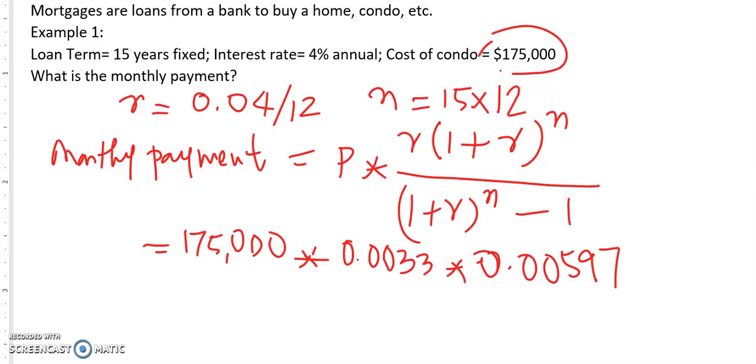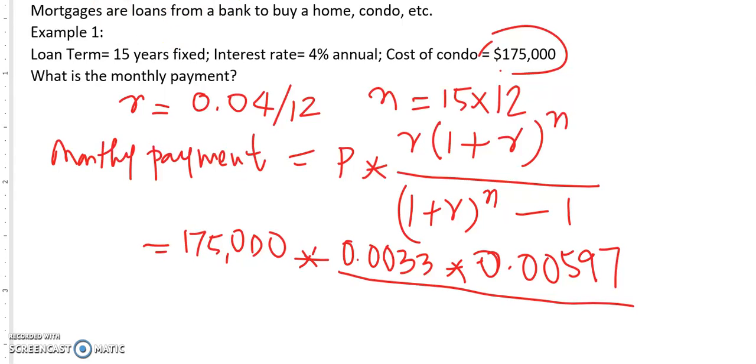Again, some people will get slightly different numbers, maybe like 0.06068. Depending on the rounding off, this is what you're going to get, divided by (1 plus R) to the power n, which is, hang on, one second, I need to do one thing here.